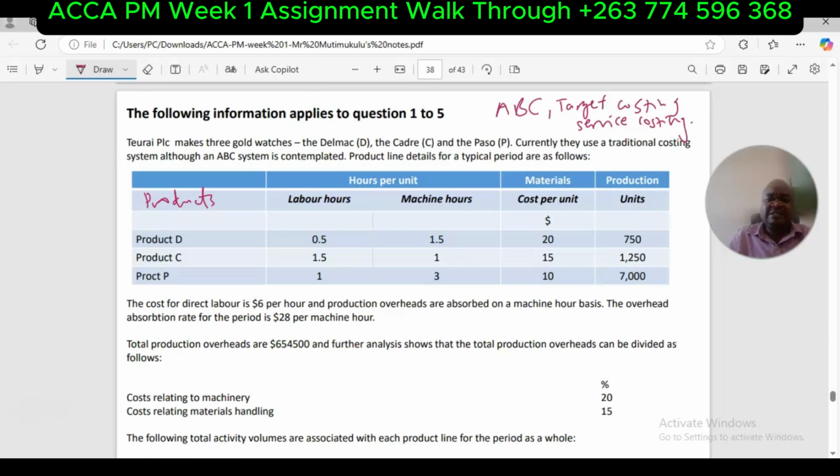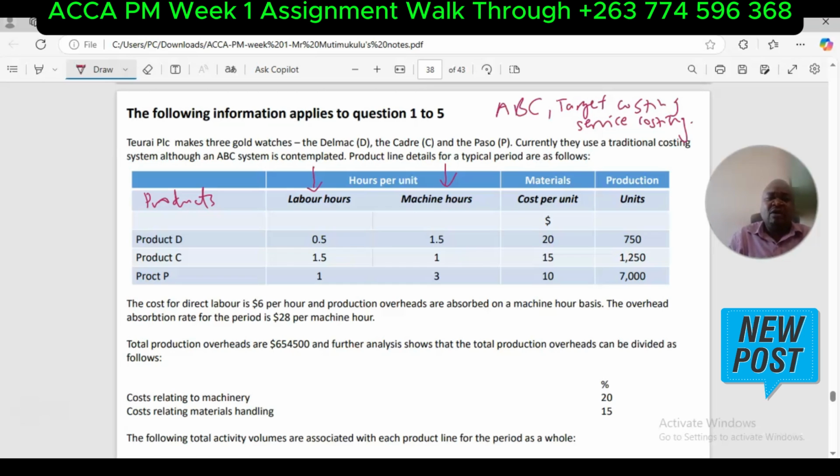As you can see, this heading is representing 2 columns. The first column is for labor and the second for machine hours, so that information is all in hours. Okay, hours per unit. Are we together? That's the information of hours per unit.